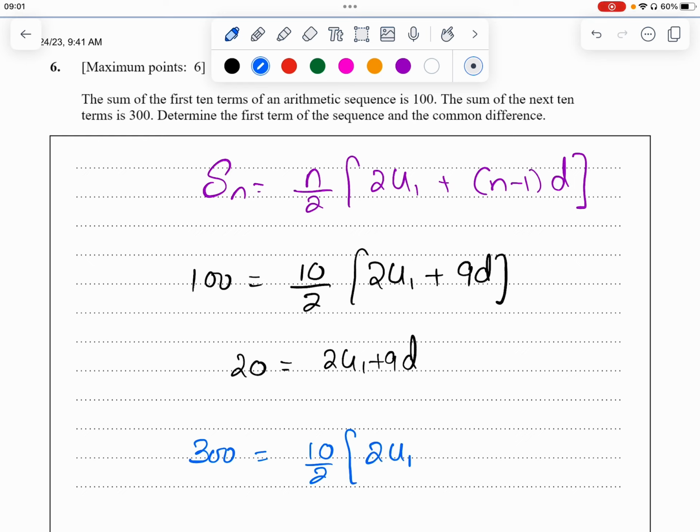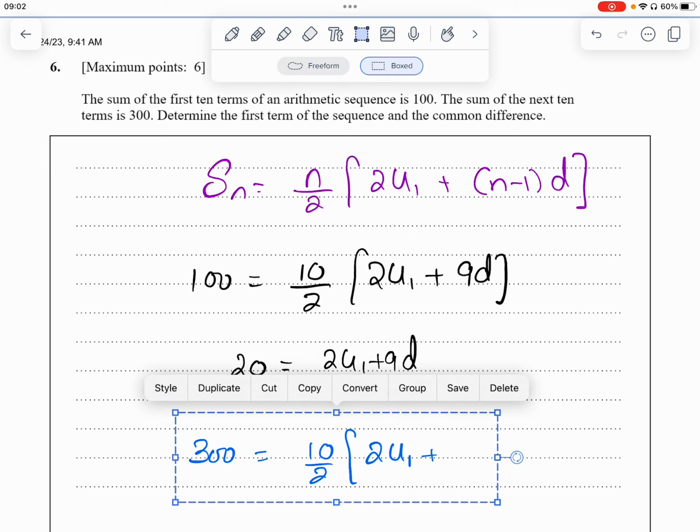Instead of using the formula directly, I will write it out over here.